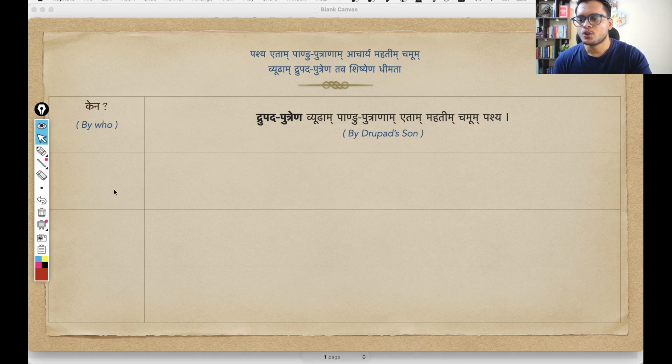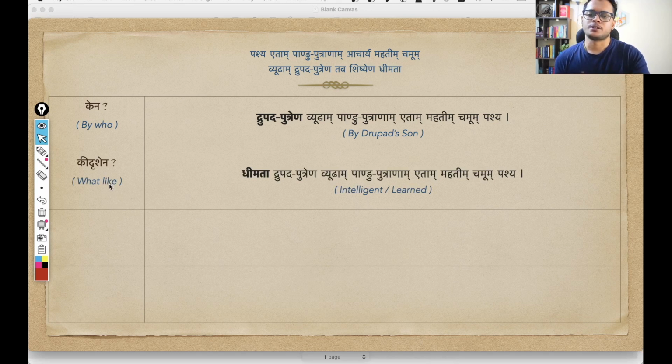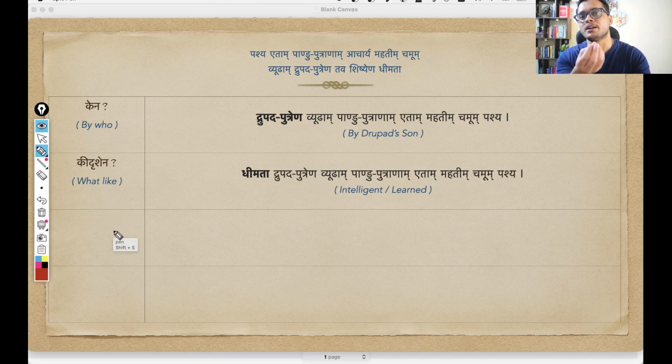Moving forward, then Kidrishin. When I said that the army was arranged in formation by Drupad Putra, immediately the question came, Kidrishin, describe that person. What was he like? And in response, we get Dhimata.